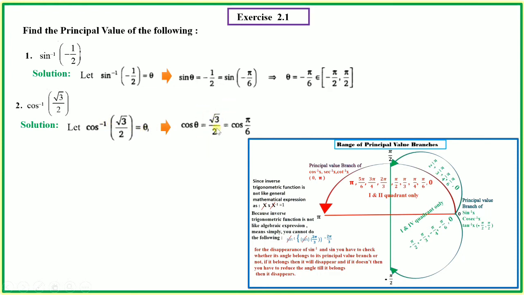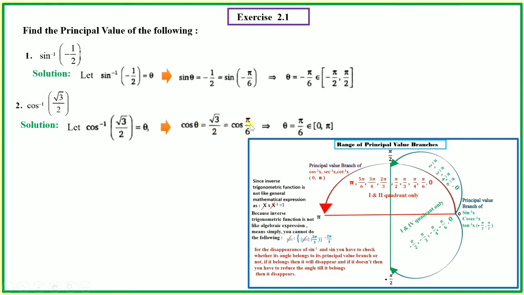Now from the trigonometric table, we know that cos pi by 6, that is cos 30 degrees, gives root 3 by 2, and pi by 6 belongs to the first quadrant. This pi by 6 falls in the first quadrant, and first and second both are for cos inverse. So theta is equal to cos pi by 6.